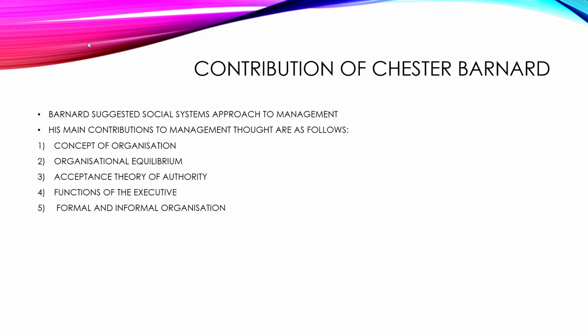The fifth management thought given by Chester Barnard is formal and informal organization. An organization can be divided into two parts, formal and informal. The formal organization has consciously coordinated interactions which have a deliberate and common purpose.